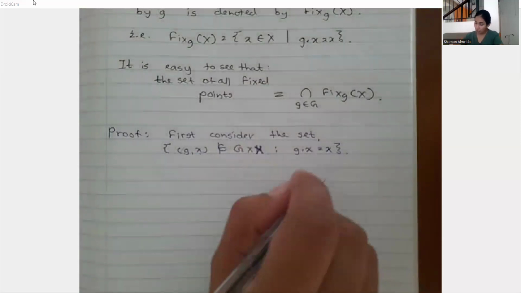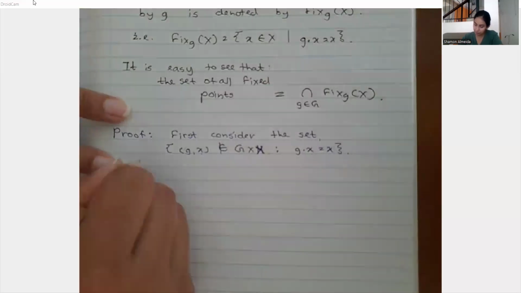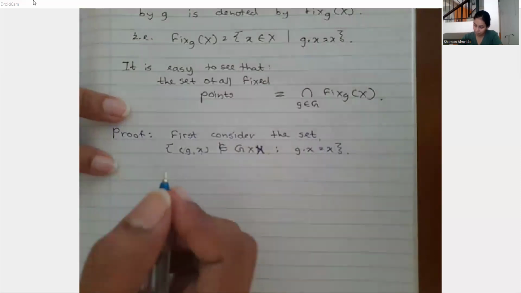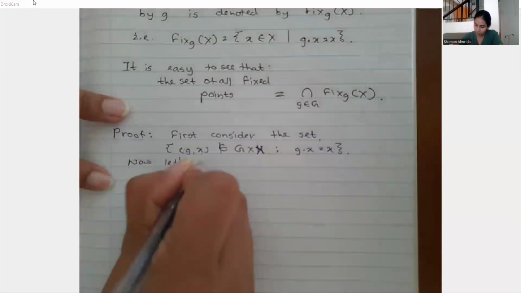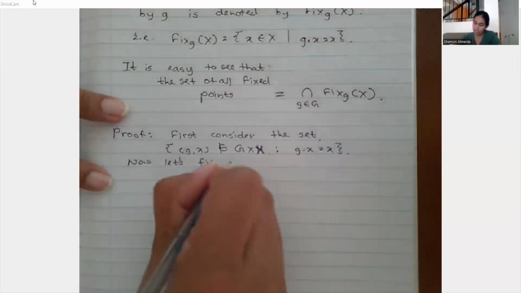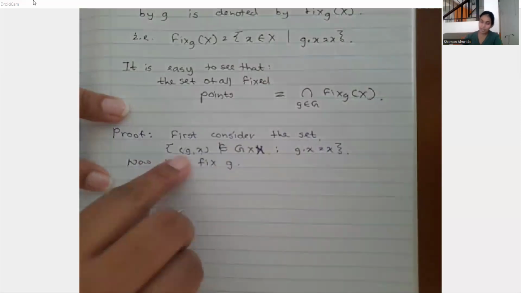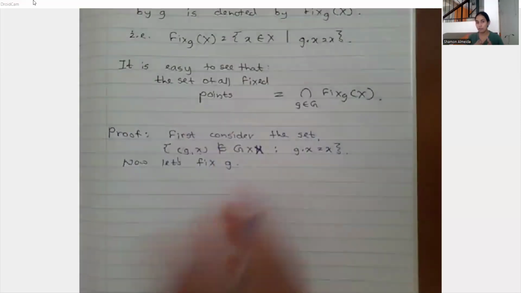Now let's fix g. Now g is fixed, but x could be varying. In this set, we are going to fix g.